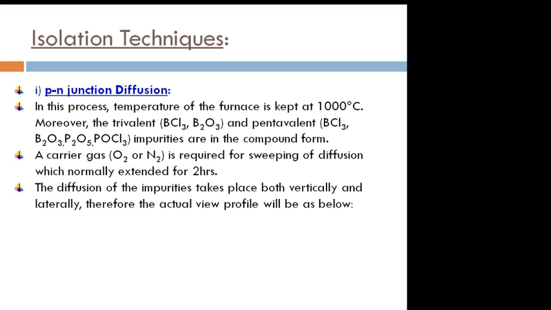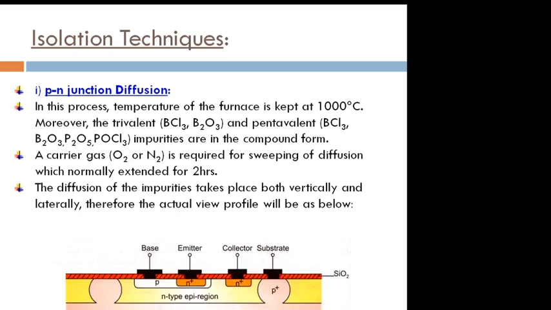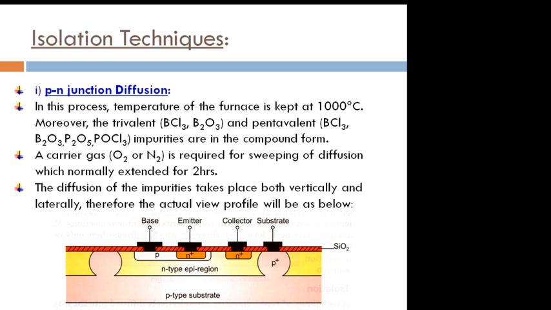Let us say the second component is another island, then island 1 and island 2 should be 100% isolated. So that technique is one of the techniques we have to discuss. An isolation technique can be developed in two ways. One is p-n junction diffusion and the second one is ion implantation. So let us start with the p-n junction diffusion.